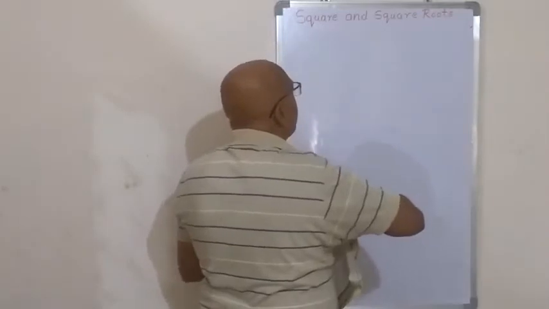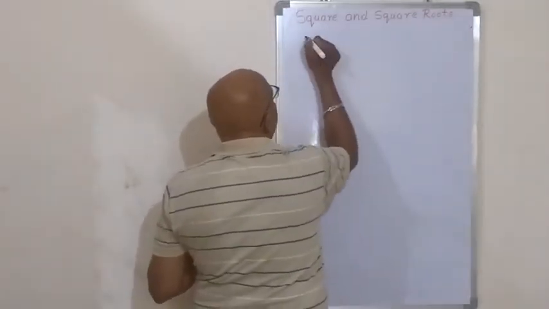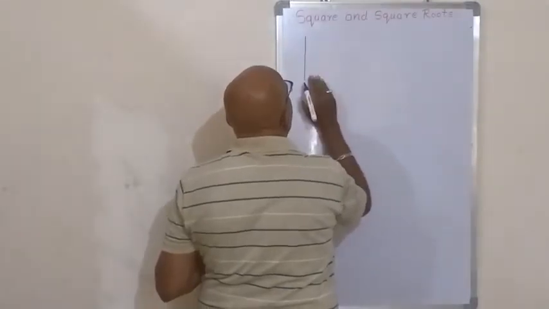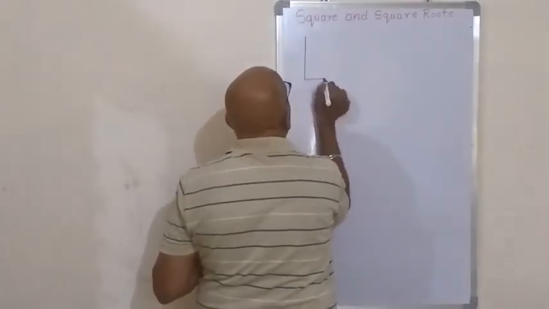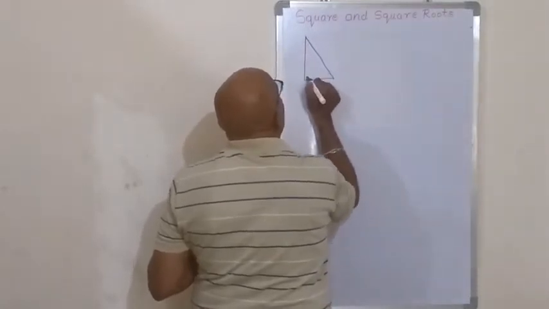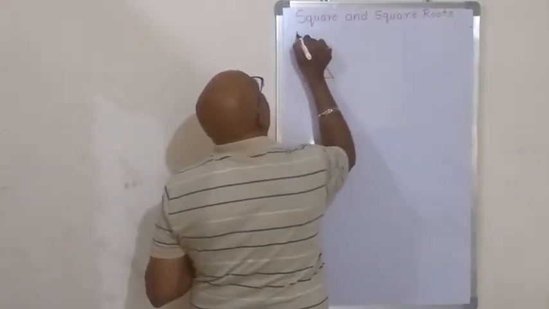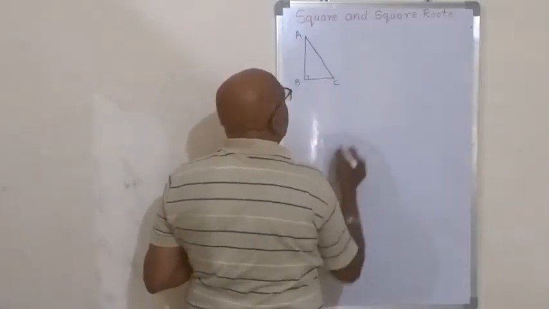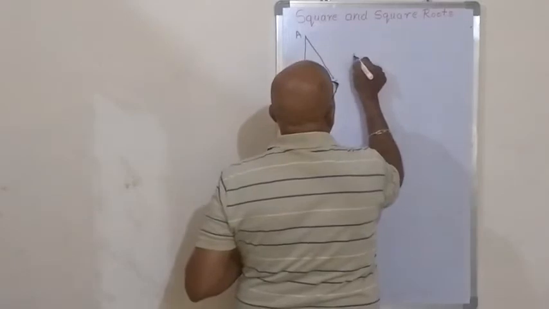So suppose this is a right angle triangle. Here is the right angle. I will name it A, B and C. We know by Pythagoras theorem what we have?